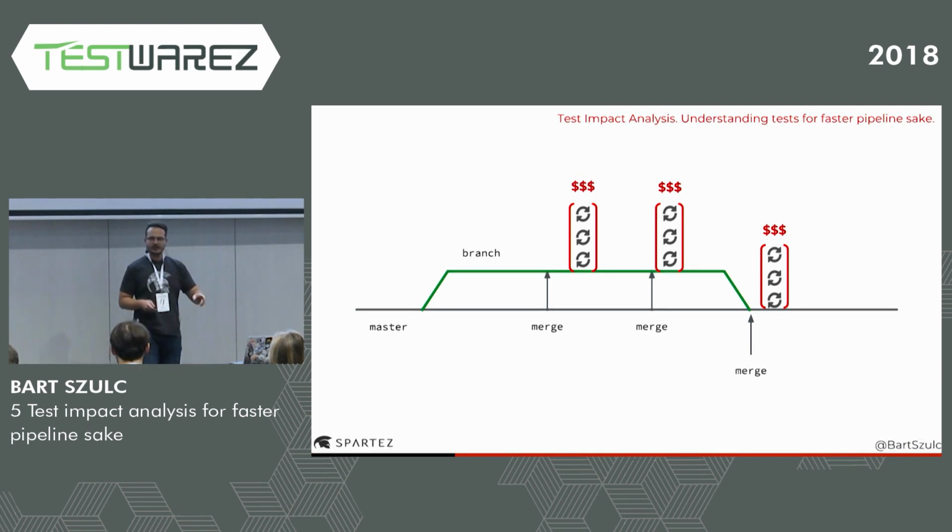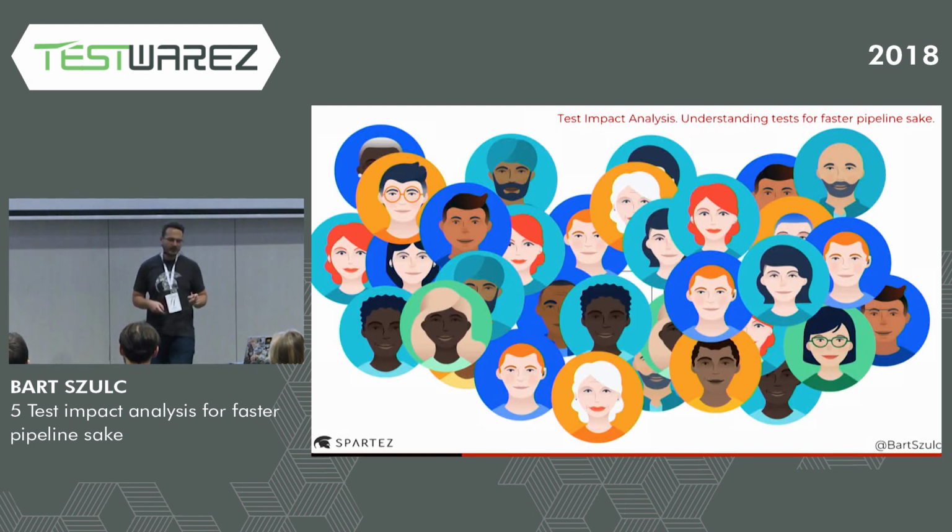And to add to that, this is just a situation where you have a single feature branch, right? So you have one developer making a change, creating a feature branch, pushing changes to that feature branch, tests run, then they merge their feature branch to the main line, also tests run, and this is how it looks. But what if you have multiple people working on the same code base?